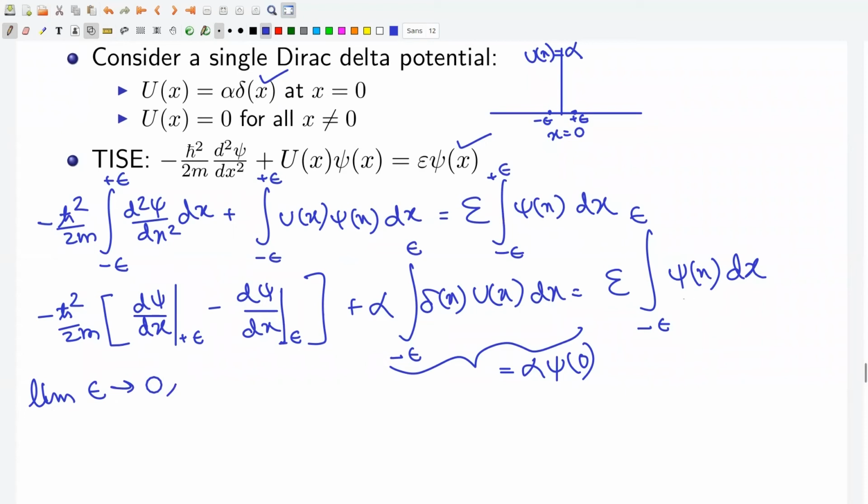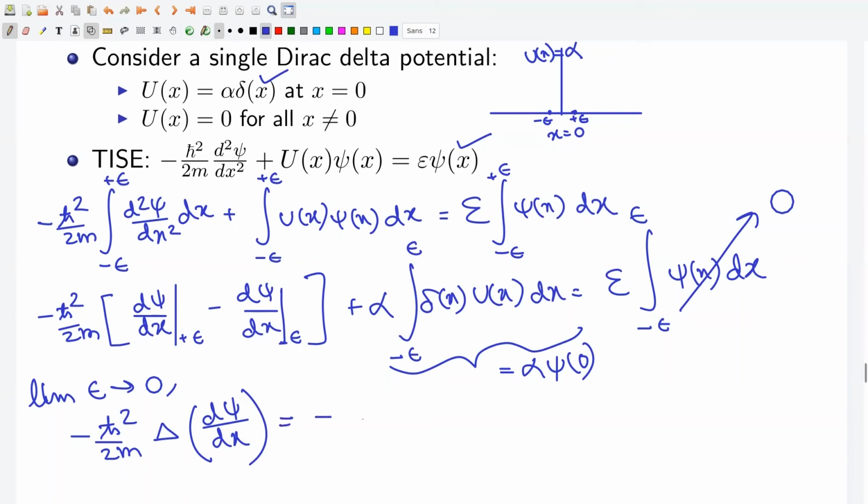In that case, the right hand side of the integral is equal to 0 and we get minus h cross square by 2m times the difference of the first derivative, and this is equal to minus alpha times psi of 0.